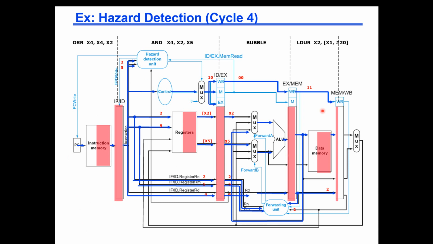Now, at the end of this stage, I have the data that I need here for the AND instruction that stayed in this stage, held back, because I refreshed it again and I didn't update this register.